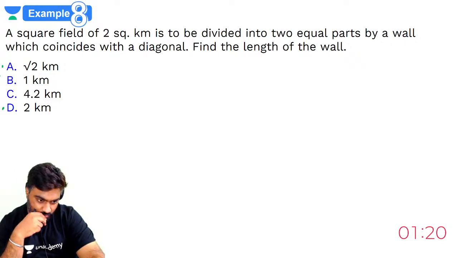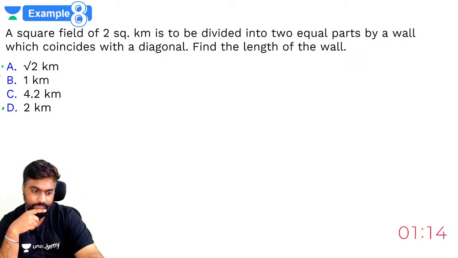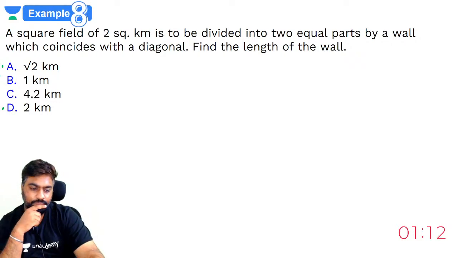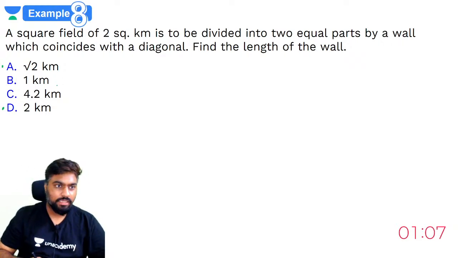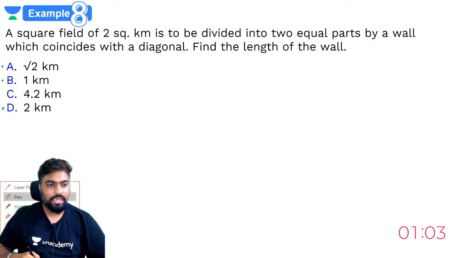Adarsh says root 2, Abhijit says 2, Shreyashi says 2, Marisha also says 2, okay. Others? Manish says B, okay. Fine, let's first try and understand the diagram given, okay.